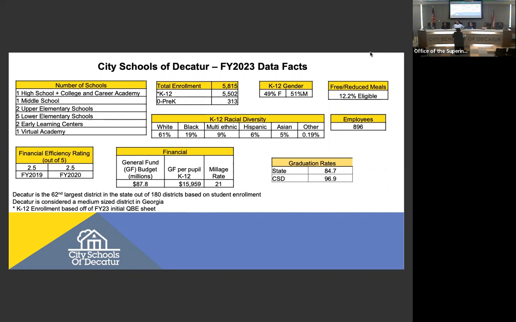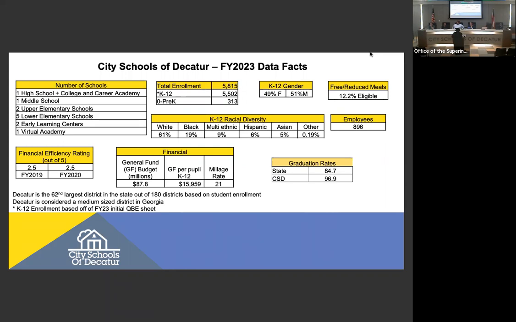The allotment sheet from the state uses other factors such as scheduling and disability in addition to enrollment to obtain the FTE, which is tied directly to our state budget. The K-12 gender rate is almost half males and half females. We have a free and reduced eligibility rate of 12.2%, which is an increase of about 3.45 from the previous year.